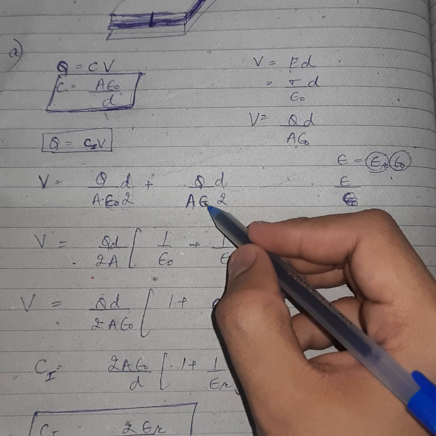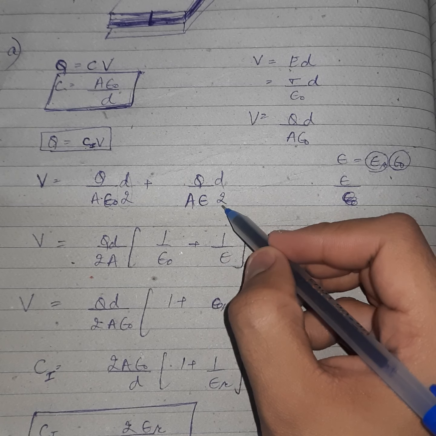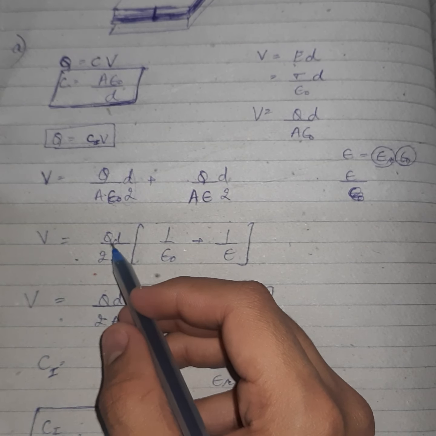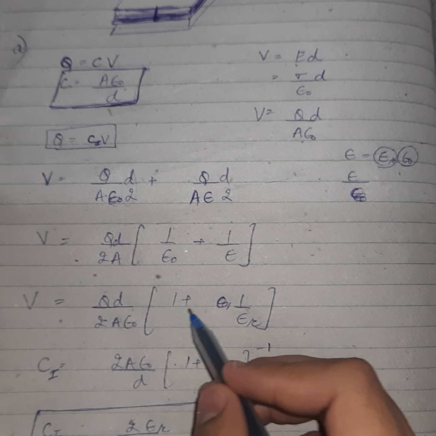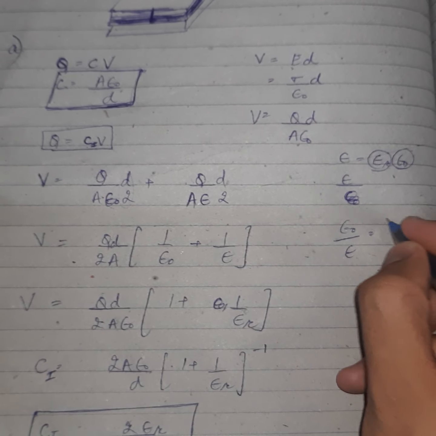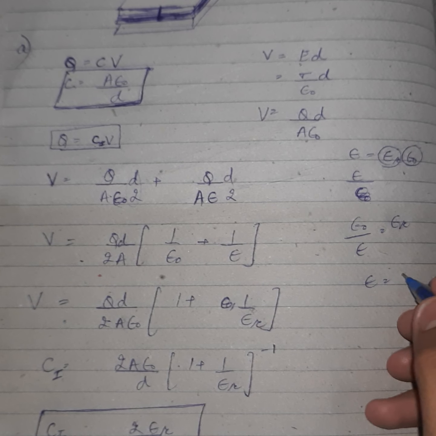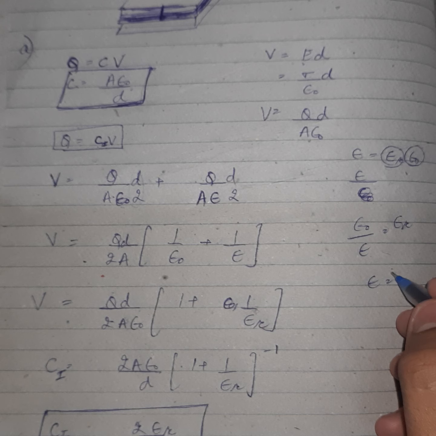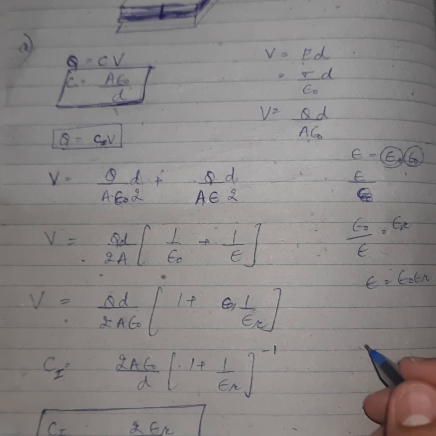And now for the dielectric, Q upon A epsilon into D by 2, and on taking Q D upon 2A common, we get 1 plus epsilon r. How did this come? Epsilon upon epsilon naught is equal to epsilon r, or you can say epsilon is equal to epsilon naught into epsilon r. All right.